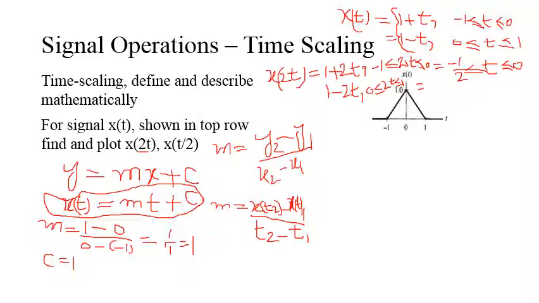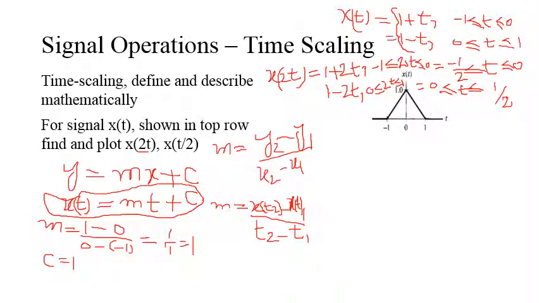If you divide 0 by 2, you get 0. So this is the range of values for which this signal is defined, and this will be 1 by 2.